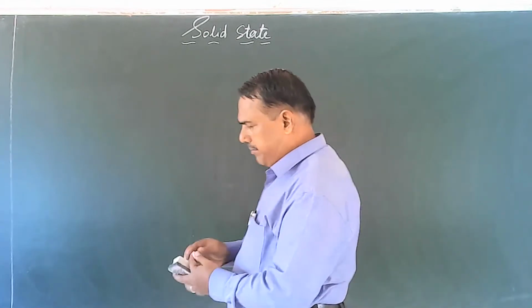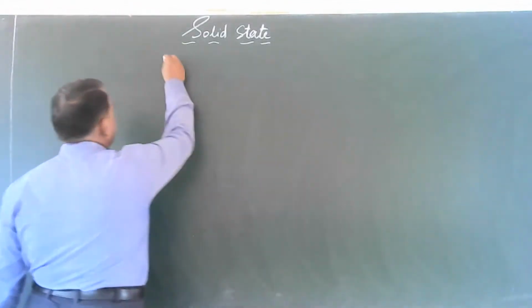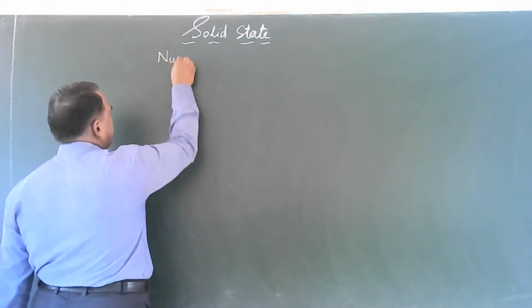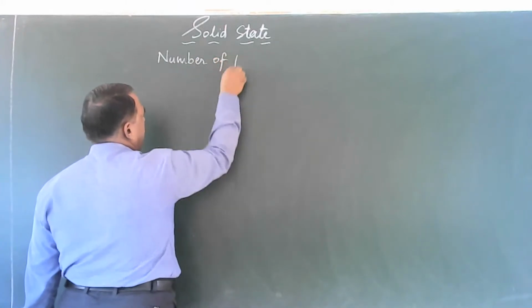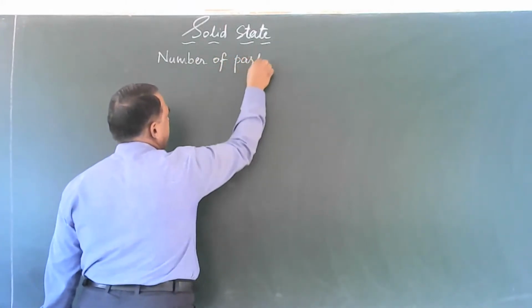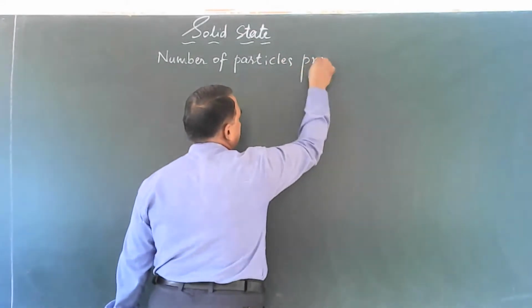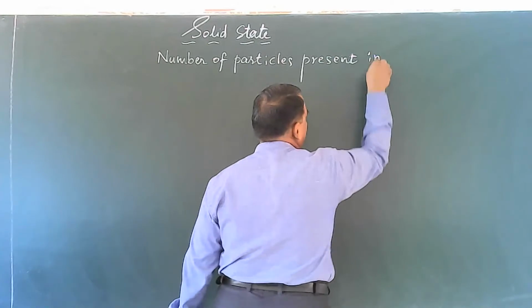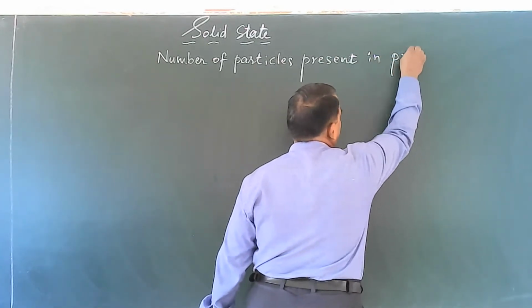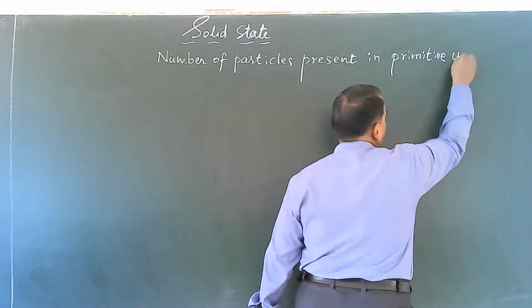Now, number of particles present in a primitive unit cell.